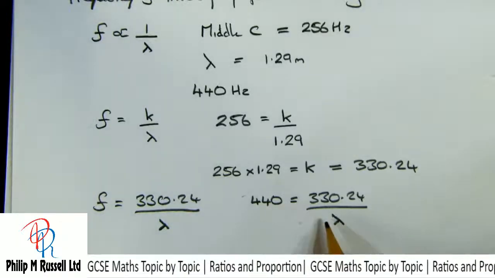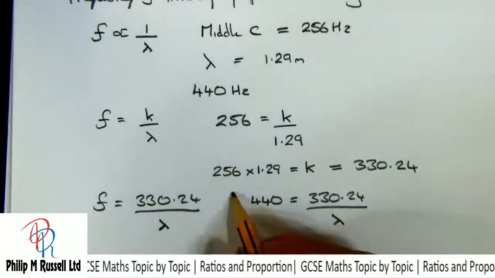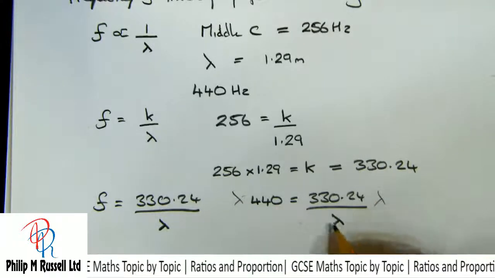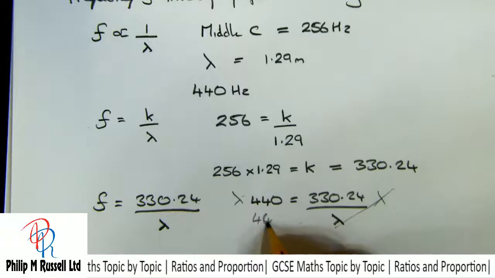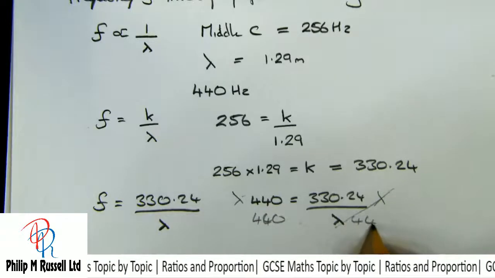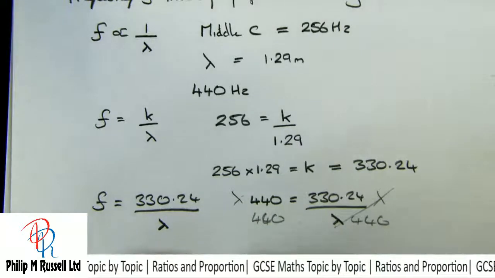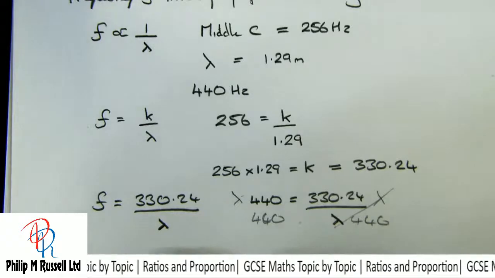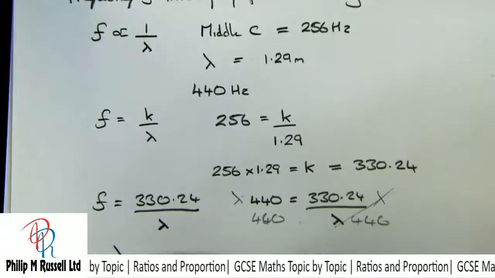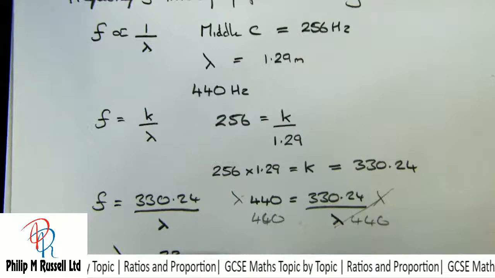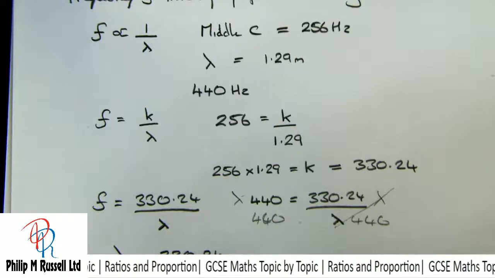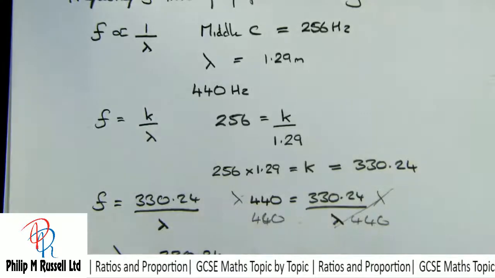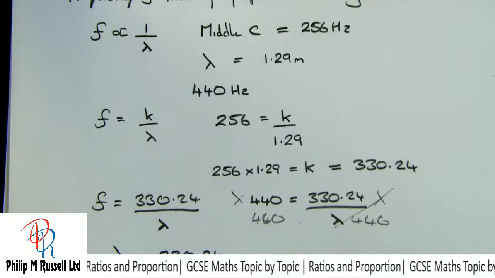We'll rearrange this, and so we'll multiply both sides by lambda. They'll cancel out. Divide both sides by 440. So my sum is going to be lambda equals 330.24 divided by 440. And let's do that on the calculator.